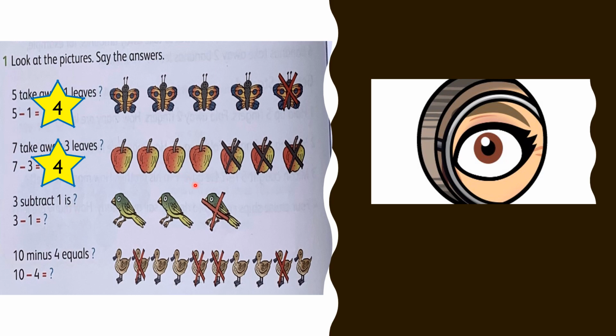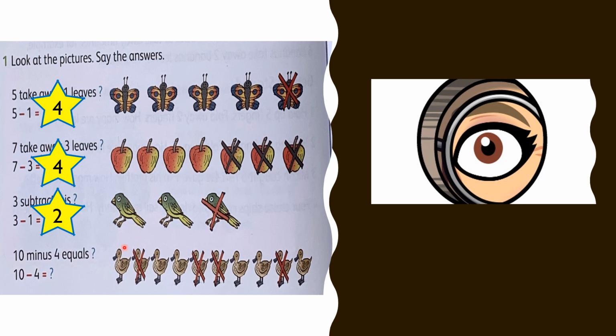When we look at the picture, they've put an X on one bird for us. So our job is to count the birds that have no X's on them. Let's do it together. 1, 2. 2 birds are left. Very good.